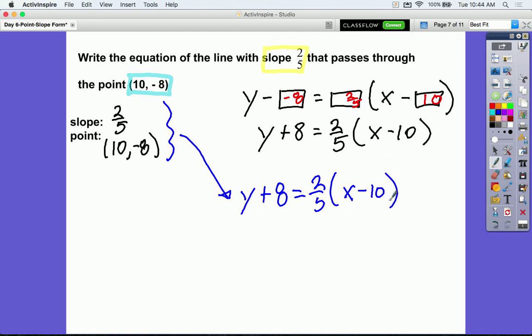Eventually, we're all going to be able to do this without having to fill in the blanks. But I think the blanks are an easy way for us to really understand when it's going to be a positive and when it's a negative. Okay? So the first part of your work for this afternoon is going to be real simple. You're just going to be writing equations.